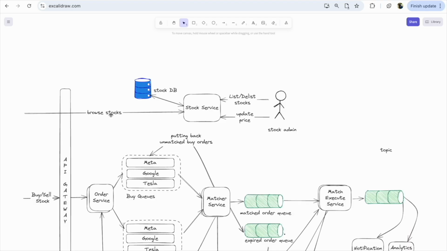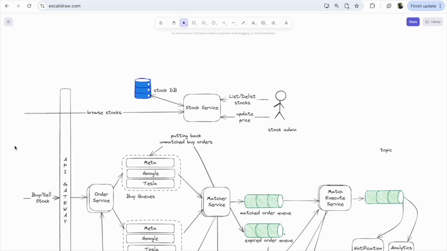Using that, the stocks can be browsed. I have not gone deep into this part here, so we'll be discussing the stock trading app in our next design discussion. There we'll be discussing stock browsing and all.